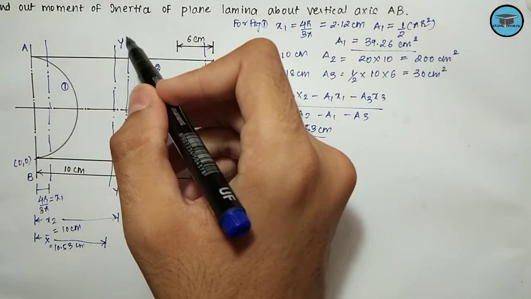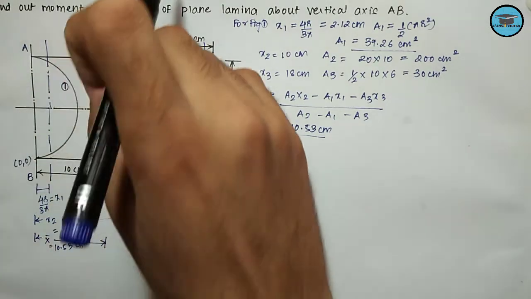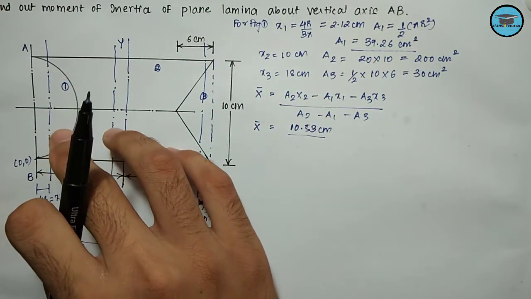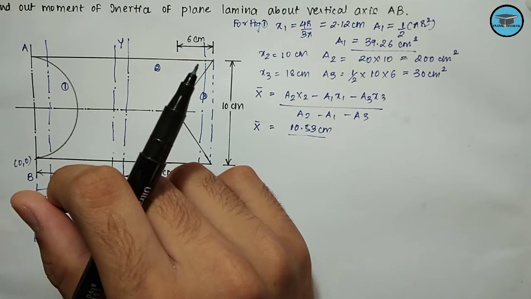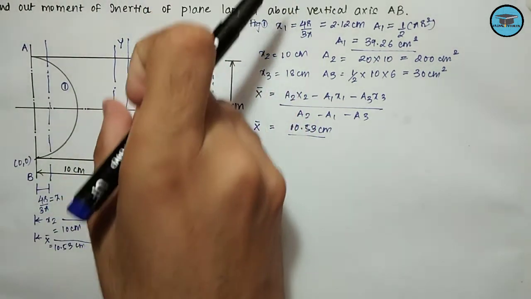And let us consider this YY axis as a global axis, and the axis which is passing through the centroid for the standard figures we consider it as a local axis. So we need to determine the moment of inertia of the standard figures about this global YY axis.